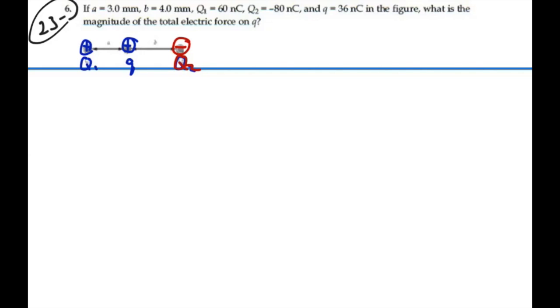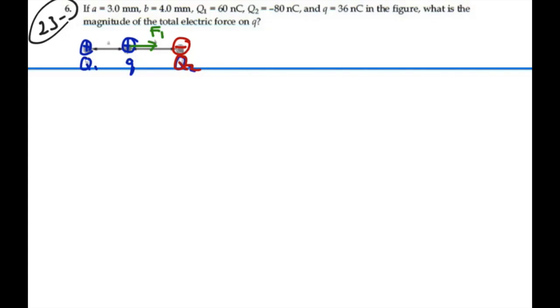So if we look at this from our first perspective, we would see that between the two positive charges there will be a repulsive force in either direction, and in particular on little q there's going to be a force called F1 going to the right like this.